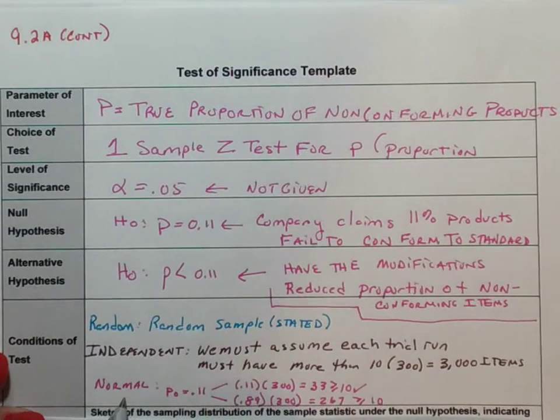Since this is a test of hypothesis, we're going to be using for our P the null hypothesis, 0.11. So these are the 33 are the number of successes, which is greater than 10. 267 is the number of failures, which is greater than 10. So all of our conditions have been met.